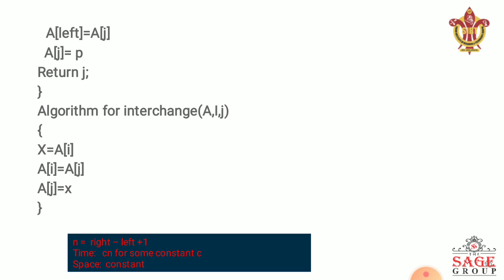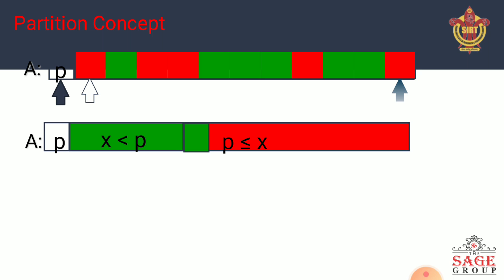We have to work now on how partition works. We can represent this graphically. So firstly, pivot will search its position.